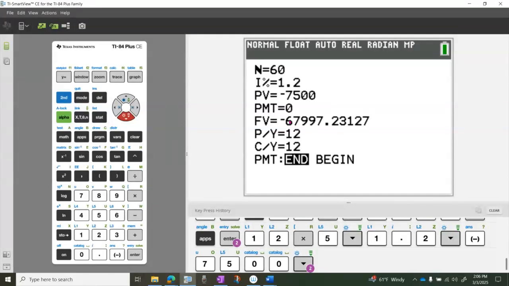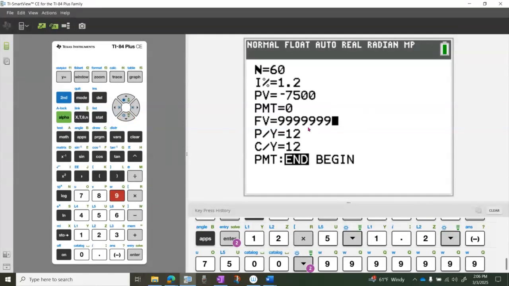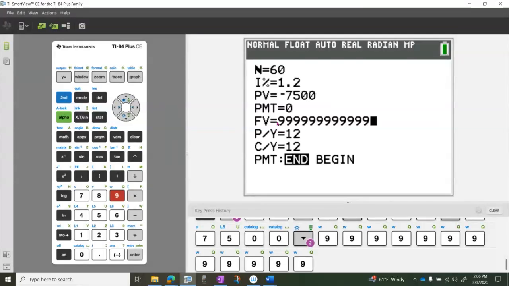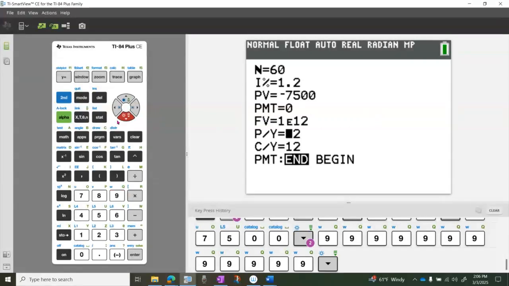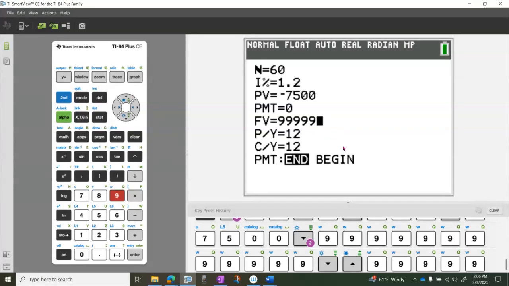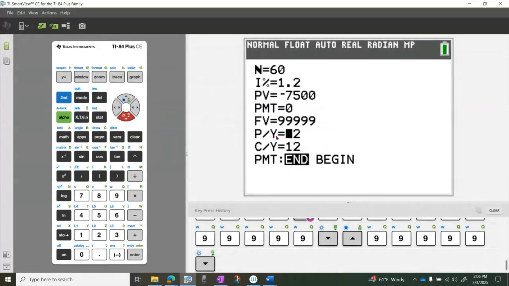Just to remind yourself, you can put 99999 to remind yourself this variable is what we are trying to solve for later.